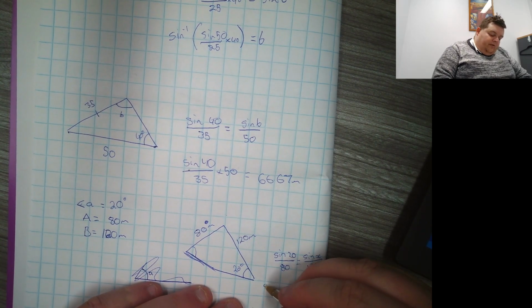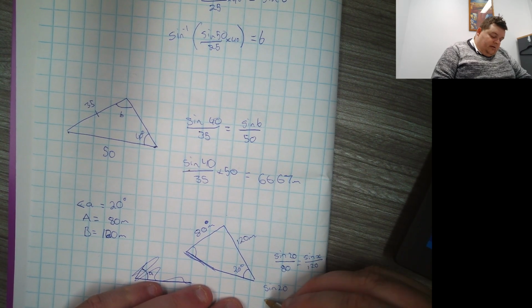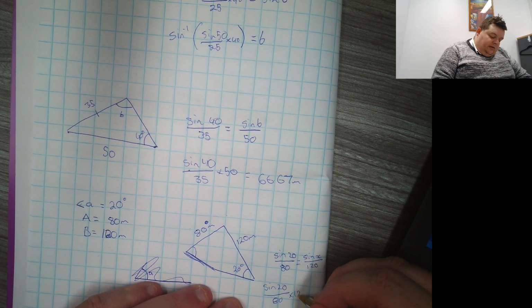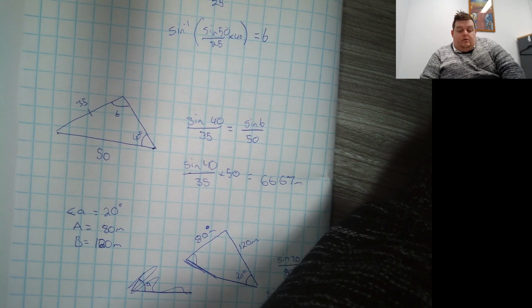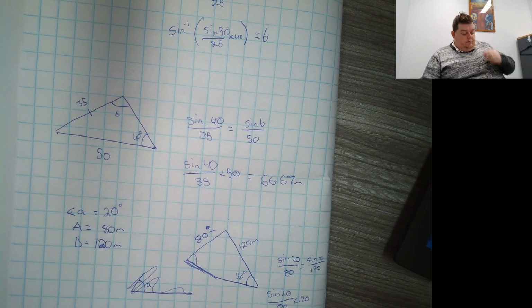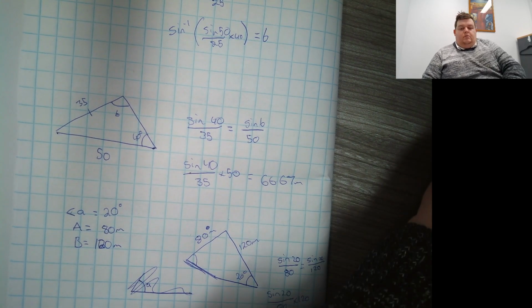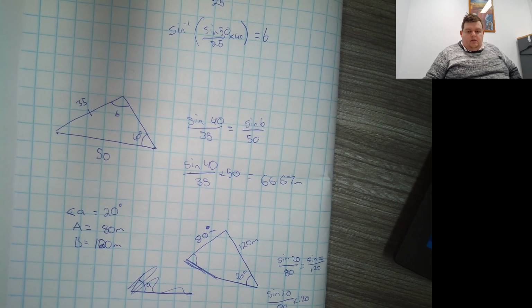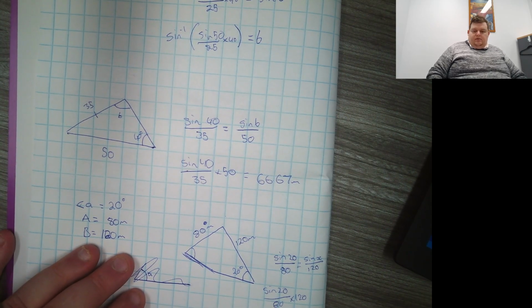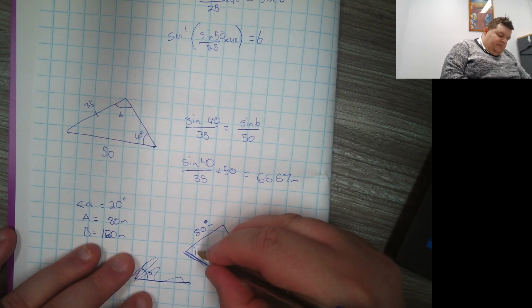So we multiply the 120 across, we get sine 20 over 80 times 120. Let's try that. Alright, so it gives us that. And we do an inverse sine on our answer, and that gives us our other angle to be 30.9 degrees.